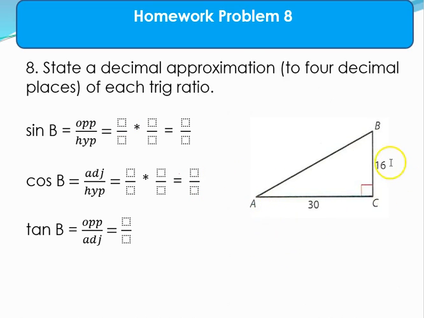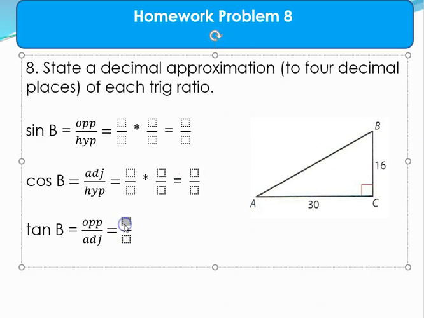And with this triangle, you can see that we're missing one side. So one of the things I can see is that we can do our tan angle B, which is opposite over adjacent, which is 30 over 16, and that will equal 1.875.